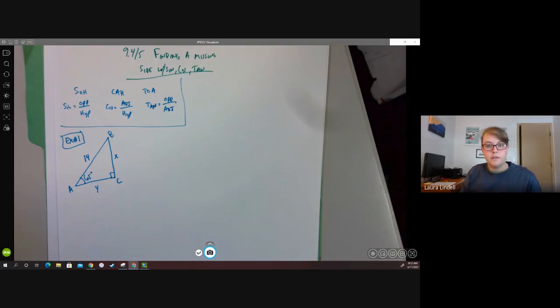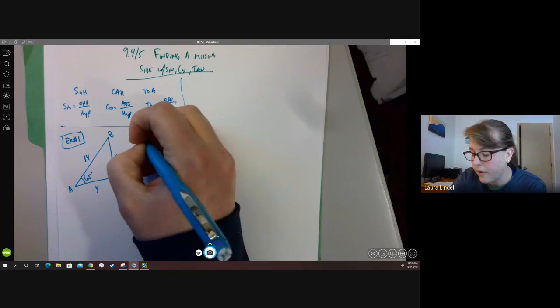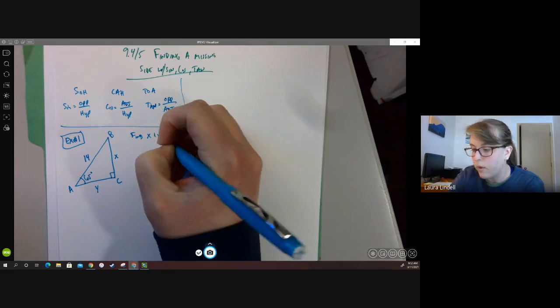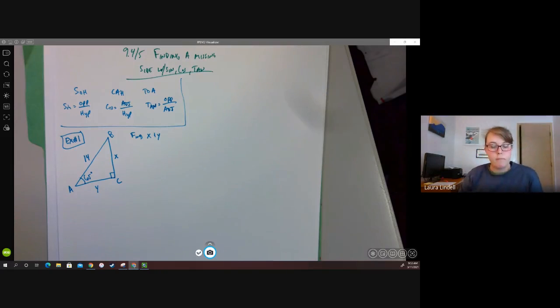This is one way that this question might be asked. They might ask us to find the value of x and y, or they might just ask for the value of x or just the value of y. But in general, find the value of x and y.